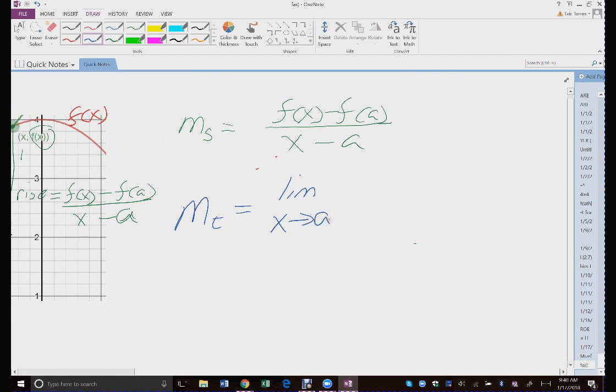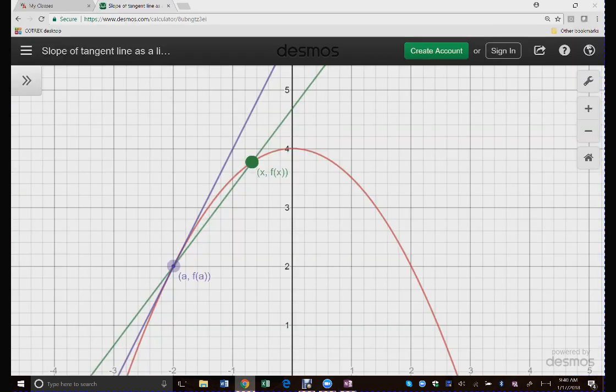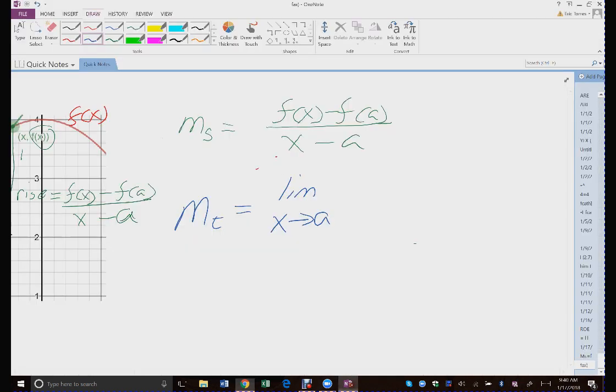So as x approaches a, again, let's look at that one more time. Here's the x value. So as this x value approaches this a value, the points are getting closer to each other as x gets closer to a. That's what I've written here.